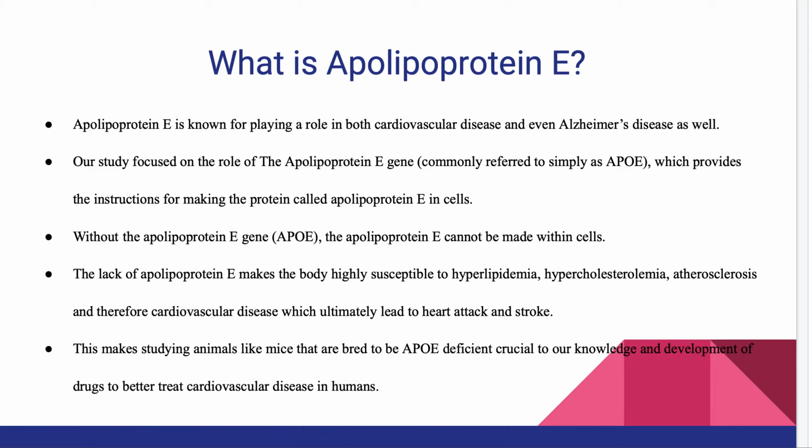Without the ApoE gene, apolipoprotein E cannot be made within cells, and the lack of apolipoprotein E makes the body highly susceptible to hyperlipidemia, hypercholesterolemia, atherosclerosis, and therefore cardiovascular disease, which ultimately can lead to heart attack and stroke. This makes studying animals like mice that are bred to be ApoE deficient or ApoE null crucial to our knowledge and development of drugs to better treat cardiovascular disease in humans.